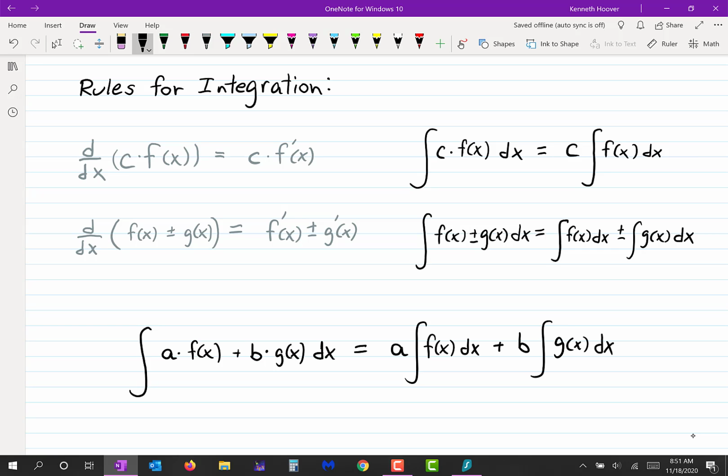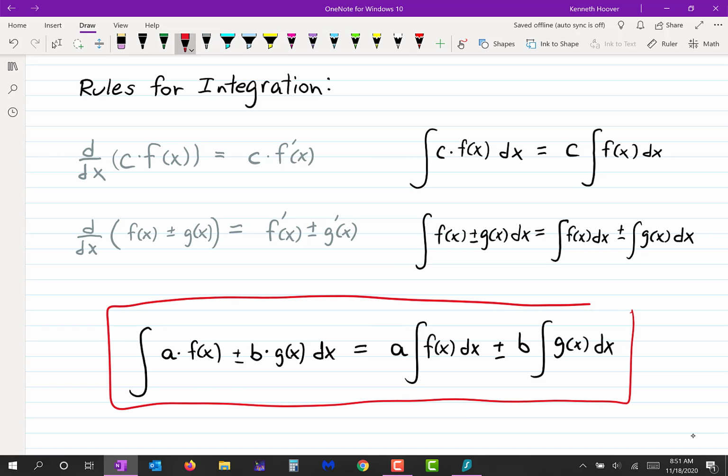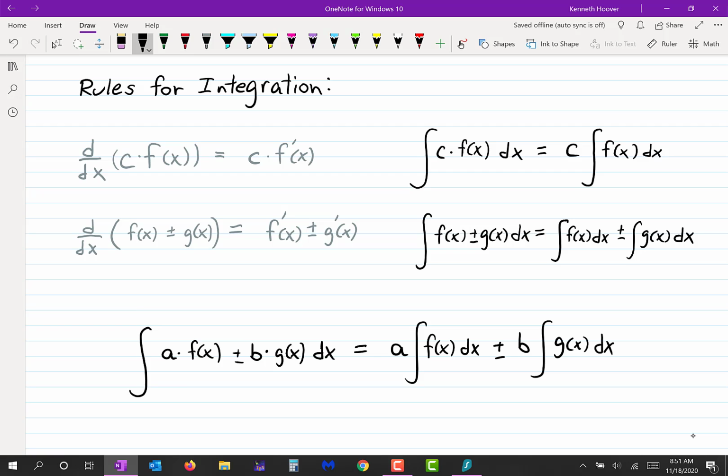And that also works if it were minus, by the way. So this one rule right here is just a combination of these two rules put together and written as one. Okay? And that has a name. That's called linearity of the integral. So that's a very important rule, okay?